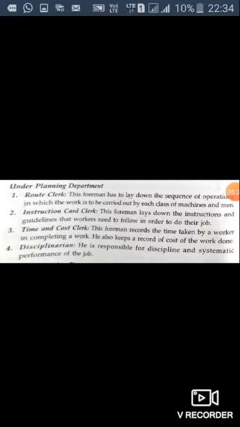Next you have the instruction card clerk, who gives instructions and guides the workers. Next you have the time and cost clerk, who records the time to complete a particular job and the cost required to complete it. Next, the disciplinarian, as the name suggests, is responsible for discipline in the job.